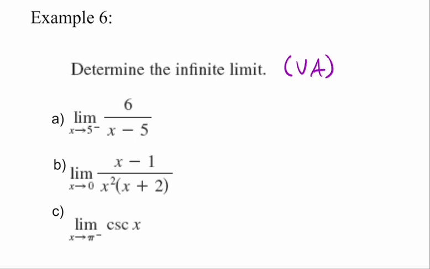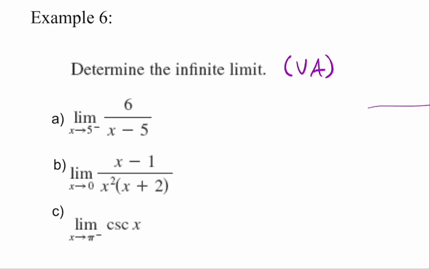So that means that at that point of the graph, whatever it is, so for 6A at 5, there's a vertical asymptote. So as I approach 5 from the left, because I know there's a vertical asymptote there, I know my answer is either going to be positive infinity or negative infinity.